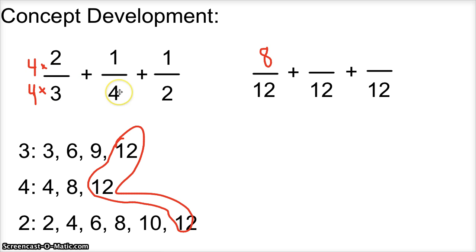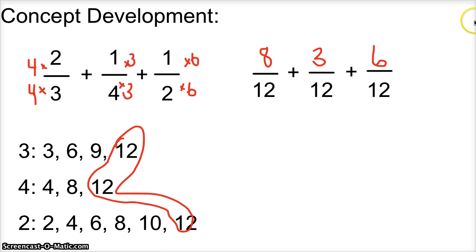Now, 4 times what? See if you can figure this out. What would be the equivalent fraction for 1/4 as a 12 denominator? That would be 3/12. I'm multiplying by 3. And then this one, how many times does it take 2 to become 12? 2 times 6, so my numerator is 6.